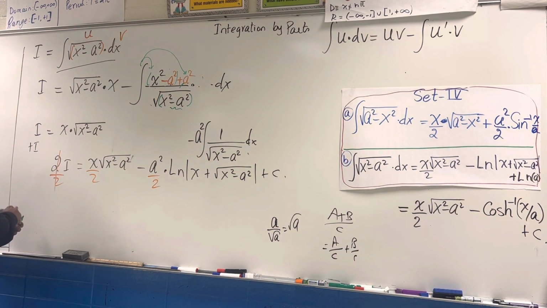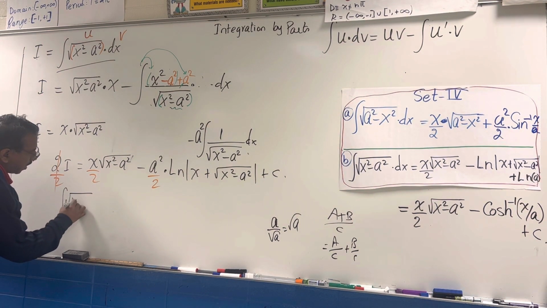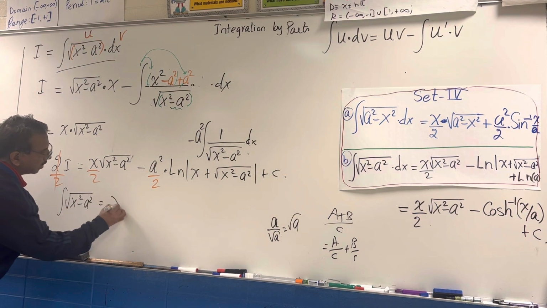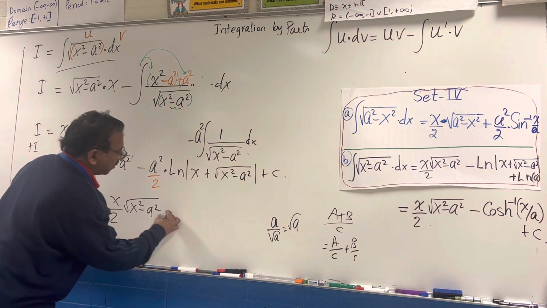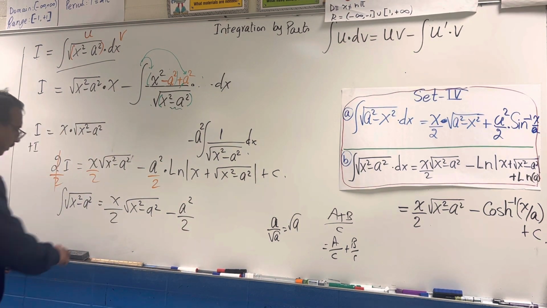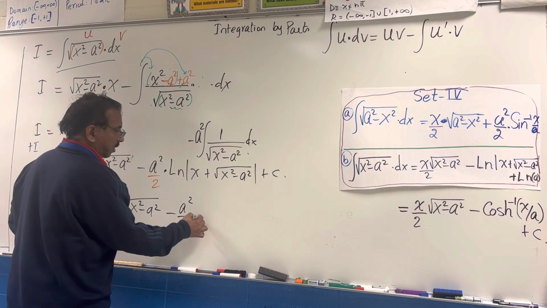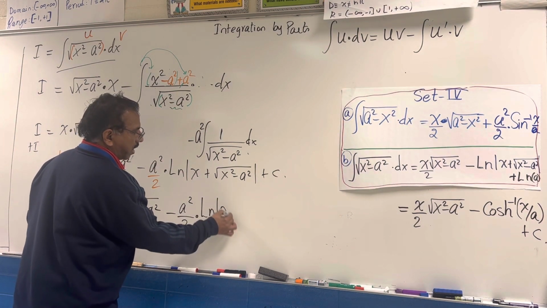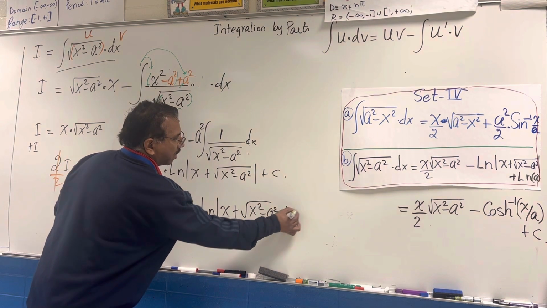So this crosses out, and that's the main integral, which is the integral of square root of x squared minus a squared equals x by 2 root of x squared minus a squared, and this is minus a squared by 2, and then you can see it's ln of x plus root of x squared minus a squared plus c.